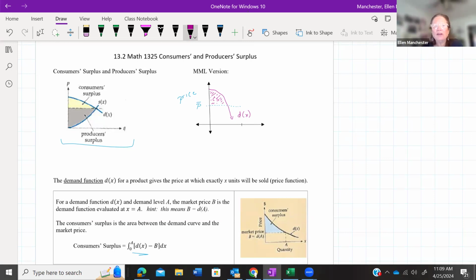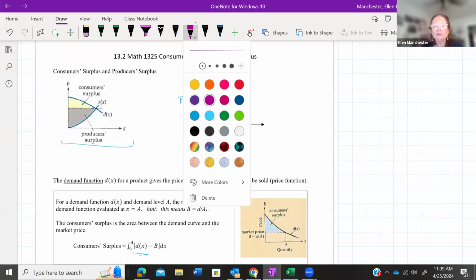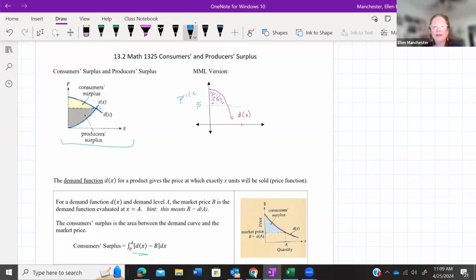Now, this value down here, the X value, in MyMathLab they use X bar. This is the number of products. So this whole semester and in 1324, X was always the number of products. In this case, X is the number of products here.